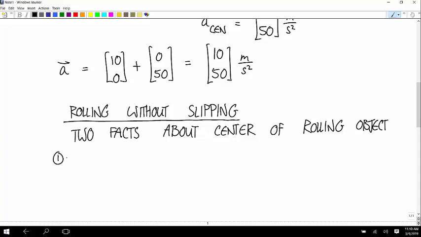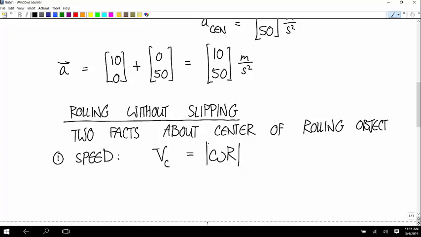The first one has to do with the speed. The speed of the center, c for center, is equal to omega r. You've seen that formula before.